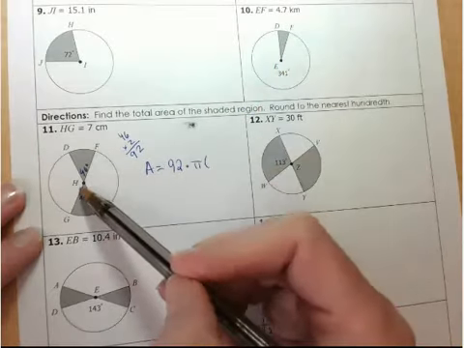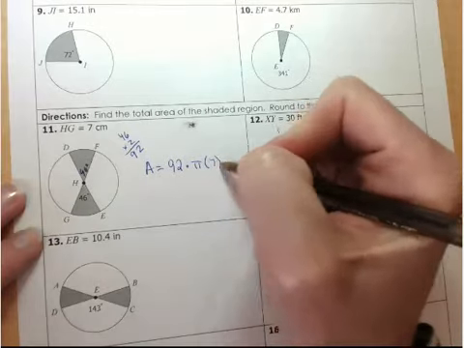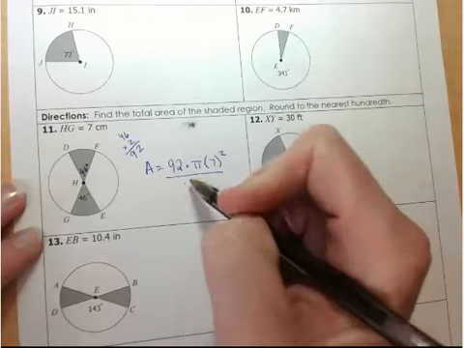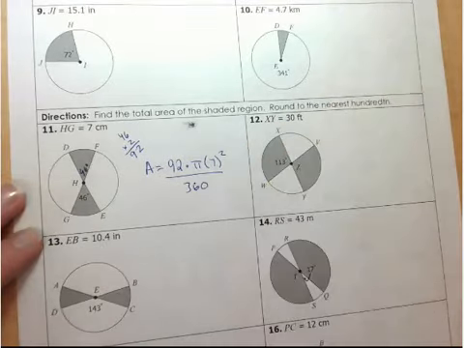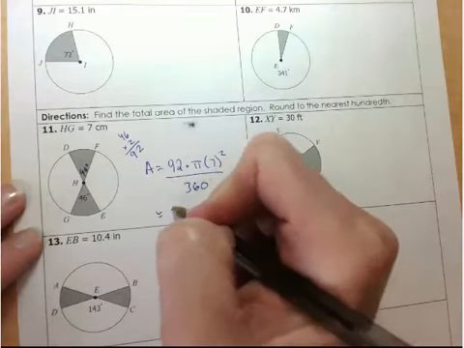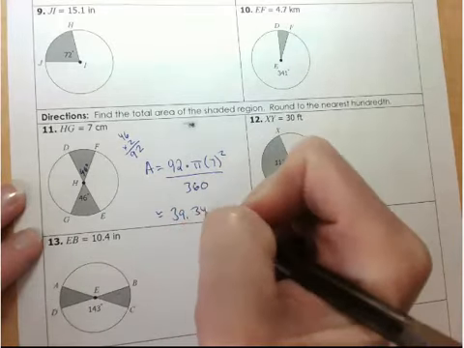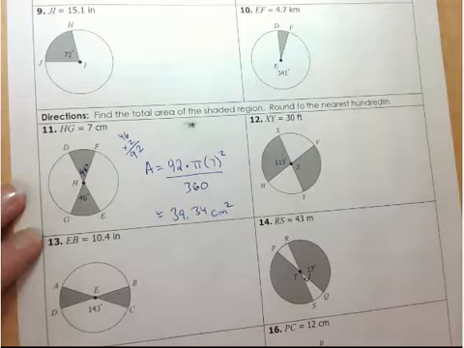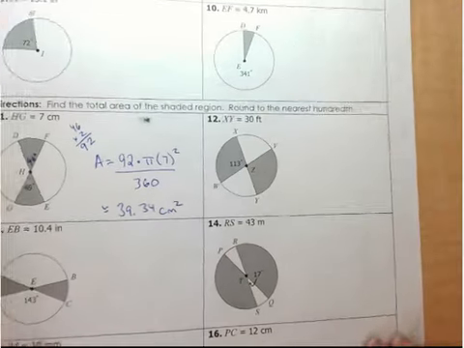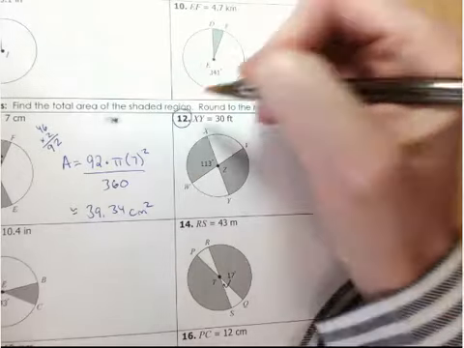Our radius, HG, is 7, and we'll square that. Divide by 360, and then in your calculator, you would calculate it and get 39.34 centimeters squared.